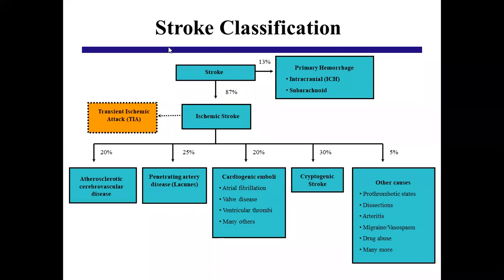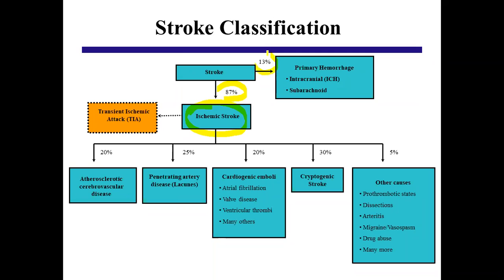Stroke is generally classified into two broad categories. The ischemic stroke, which is caused by a blockage by a thrombus or embolus, accounts for 87% of strokes in the clinical setting.